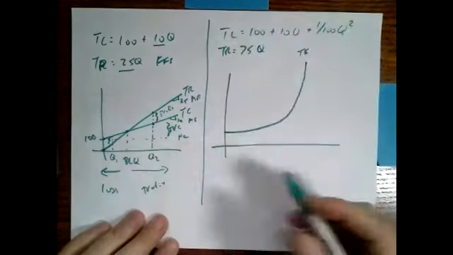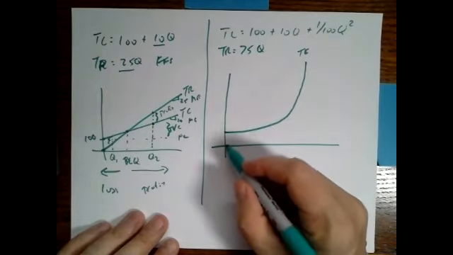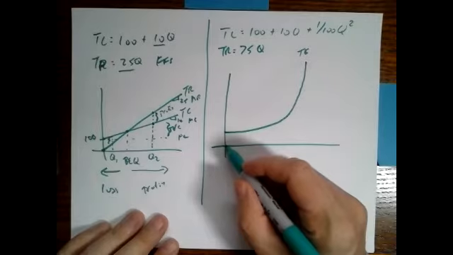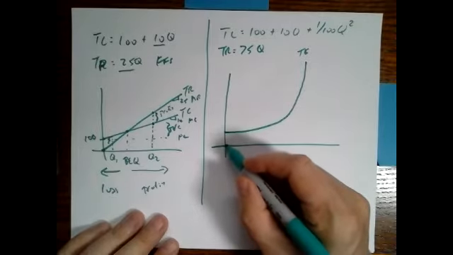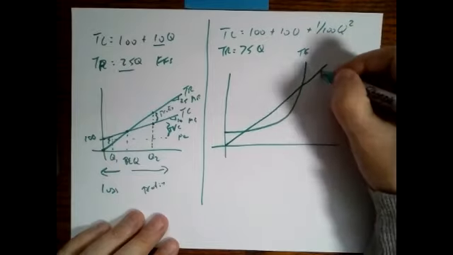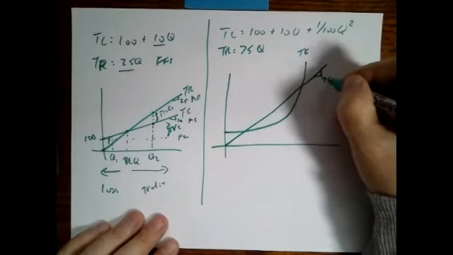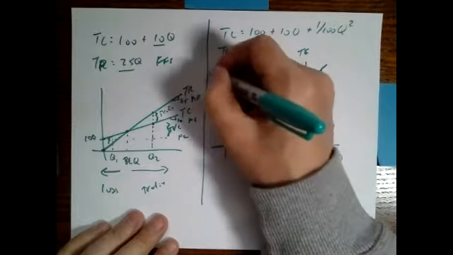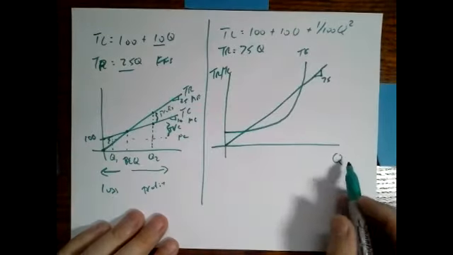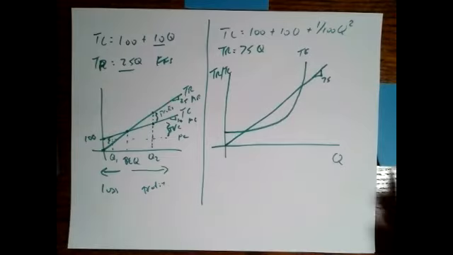So 75Q, just because I did the math a minute ago with 75. Okay, and so what would that look like? That's going to be a line coming out of 0 and going up at a rate of 75 for each Q, right? So total revenue and total cost here on the y-axis, Q on the x-axis.